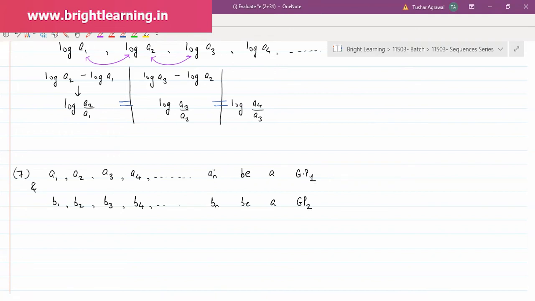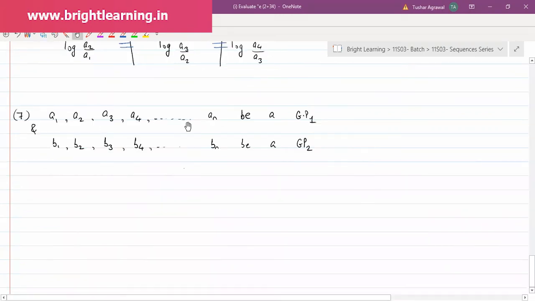Let A1, A2, A3, up to An be one geometric progression and B1, B2, B3, B4, up to Bn be another geometric progression.